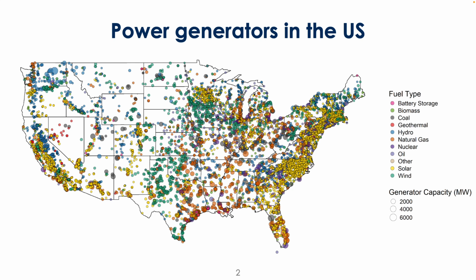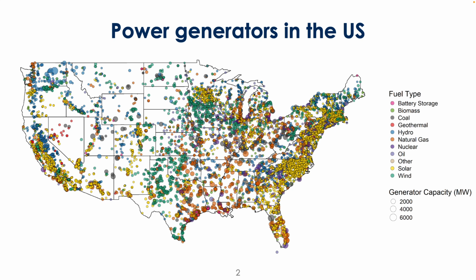So you'll notice there are some trends here. Yellow is solar. You have a lot more of that on the West Coast and sunnier areas, and then starting to build out some on the East Coast as well. And in the middle, there's a big swath of wind. This is where the best wind resources are in the country.